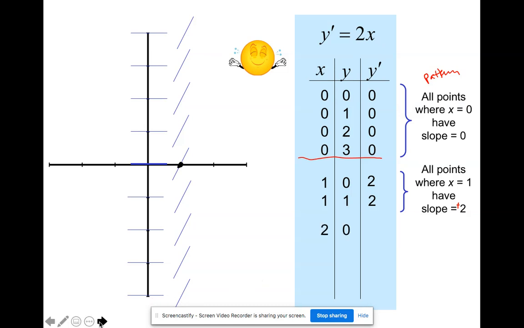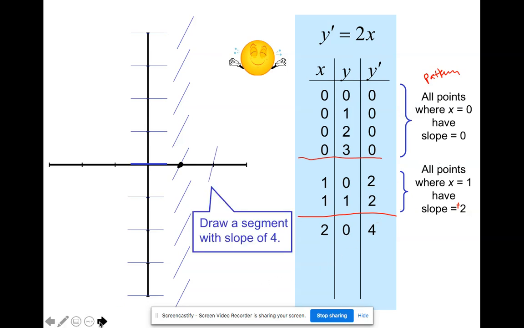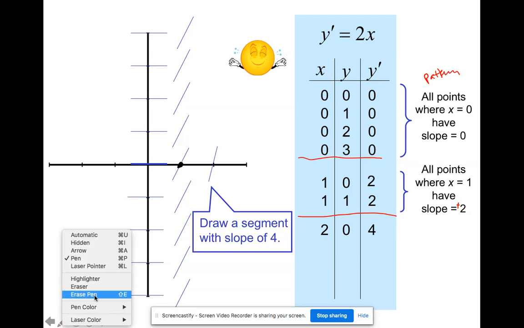Now I'm going to move further along the x-axis to 2. I don't really think I need all that many points. I think I can figure this out. I'm going to draw a slope segment of 4 at the point 2, 0.